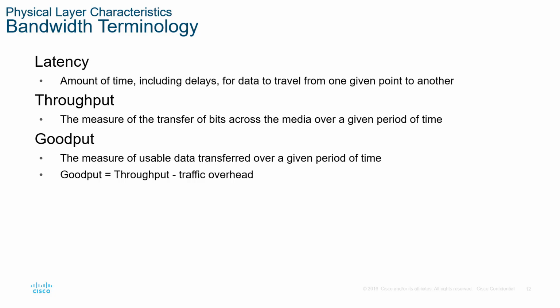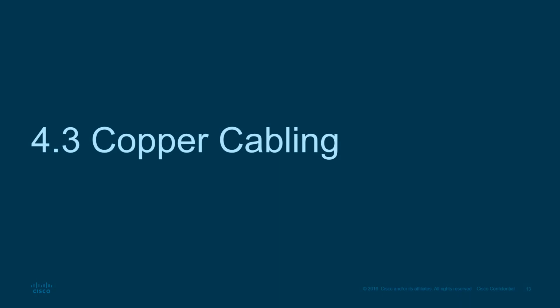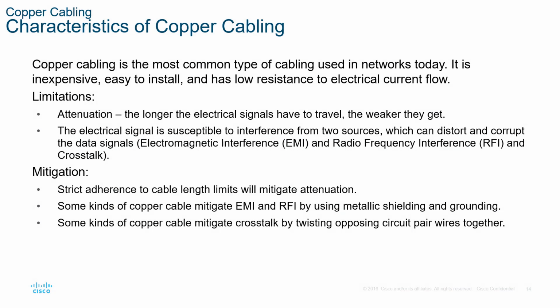So now that we have some basic understanding of how we measure, how we have basic characteristics of the different medias, let's talk about what those medias are. Again, there are three main types: copper, fiber, and wireless. So the first one we talk about is copper. Copper is the most common type of cabling. However, copper has attenuation. And attenuation basically is the signal degrades based off the length of the cable.